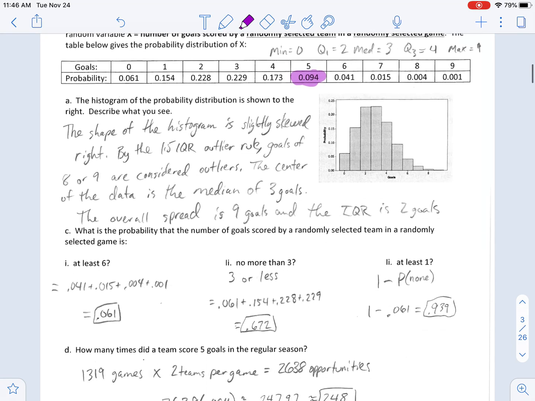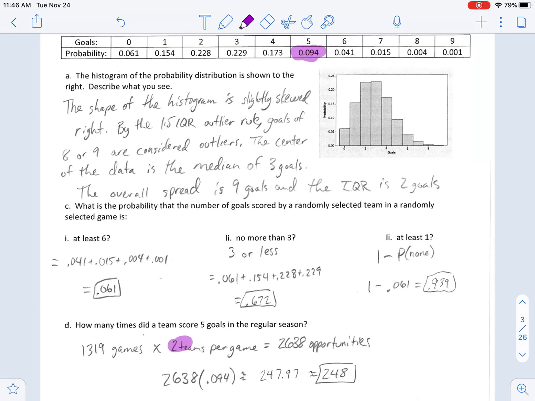So even though there's 1319 games, we have to multiply by 2 teams per game to say that there was technically 2,638 individual team games played, right? Opportunities to pick, different times they could have scored 5 goals, right? Even though there was 1319 games, there was 2,638 different times they could have scored 5 goals, and in each game, it could have been 5-5, okay?